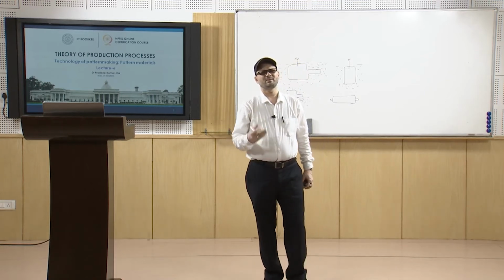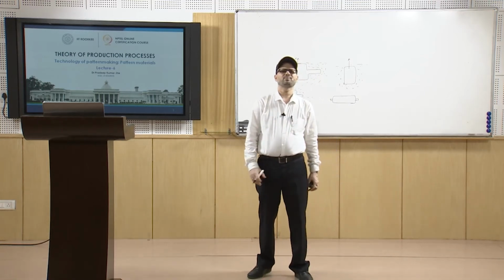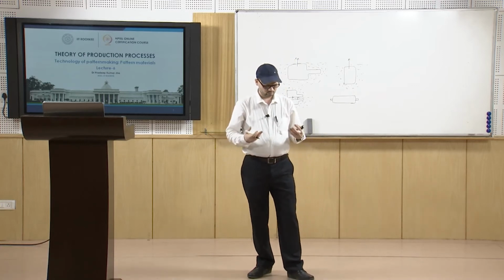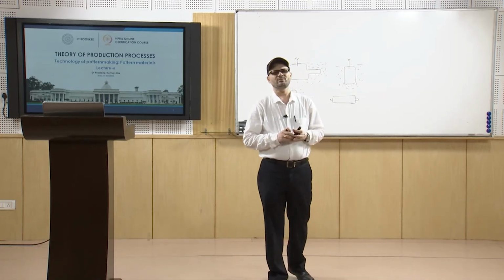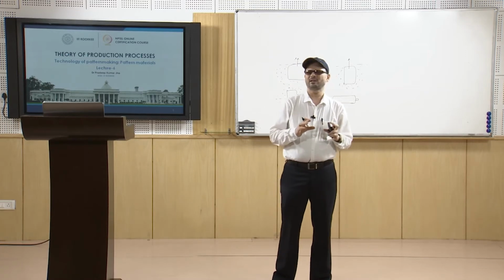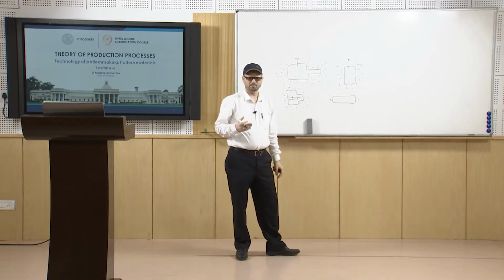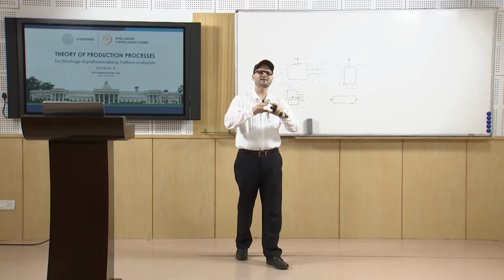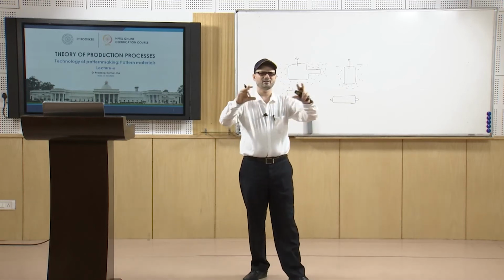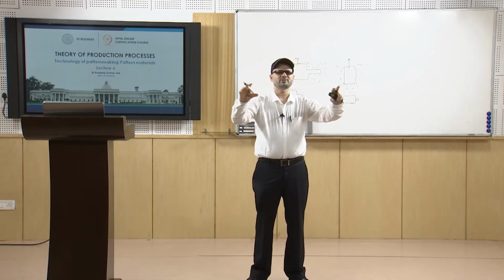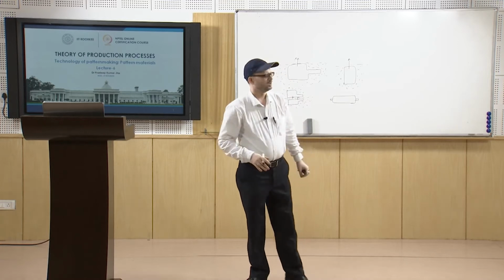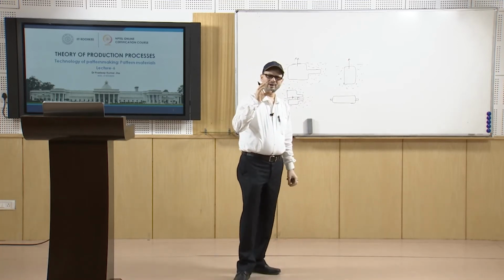Now, what should be the characteristics of the pattern material? How should it behave? First of all, it should be easily worked, shaped and joined. The pattern which you are making is made in a pattern making shop. If you are making the pattern from wood, you will have different machines, wood cutting machines and lathes.